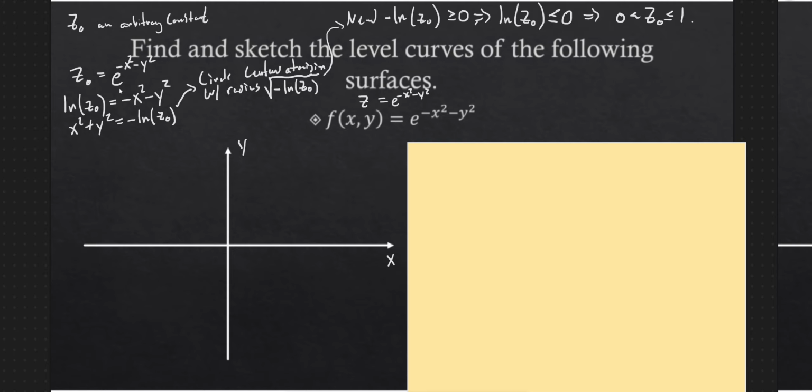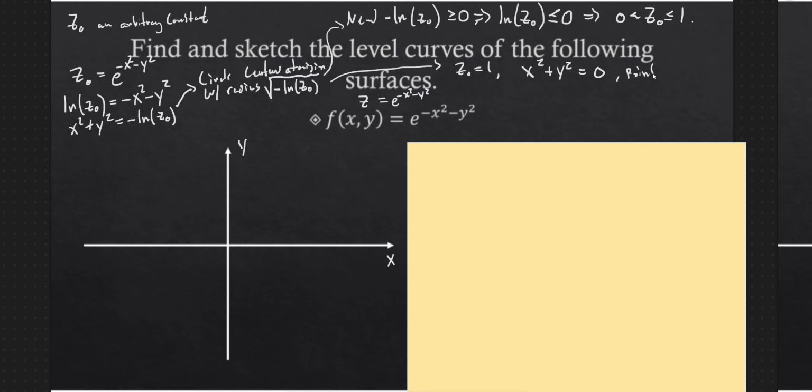1 might work out. Let's see what happens when we put 1 in. So let's do z naught equal to 1. Negative natural log of z naught will be 0, so that'll be a circle with radius 0. That's kind of weird. What do I get? I get x squared plus y squared equal to 0, and the only solution to this is a point.